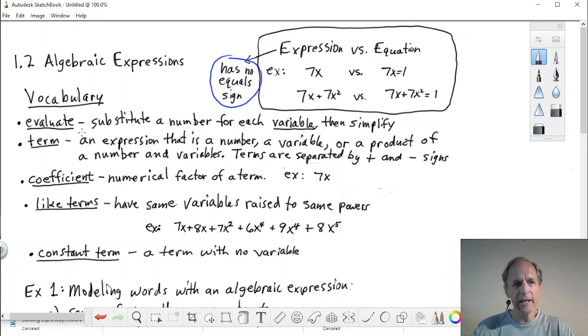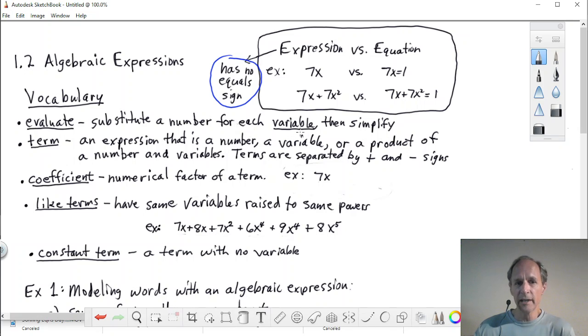Evaluate just means substitute a number for each variable, then simplify. You probably have an idea what variable means, but it's important that we nail that down. A variable is just a symbol that can represent a number, and it can take on different values. That's why you call it variable. It can vary.